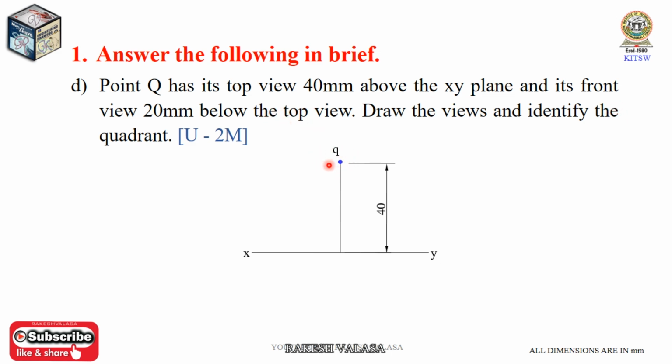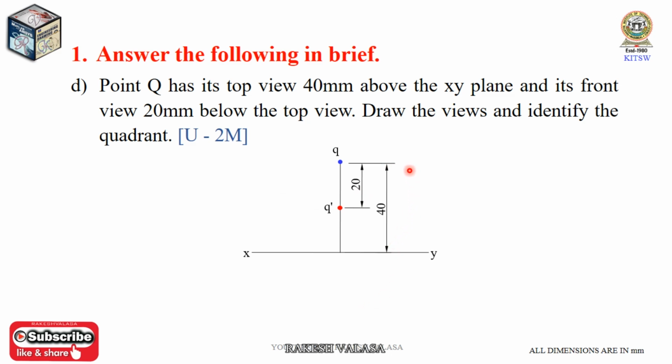Here this is the top view Q. From this point measure 20 mm below the Q point and locate that point. That is named Q dash. Give the dimension. Now observe this solution carefully. Here top view Q and front view Q dash are both above XY.